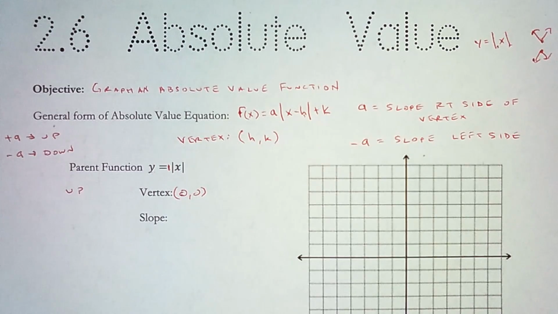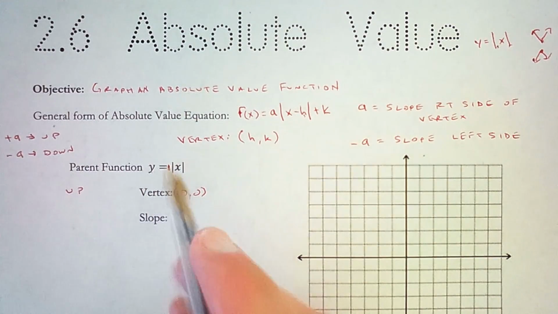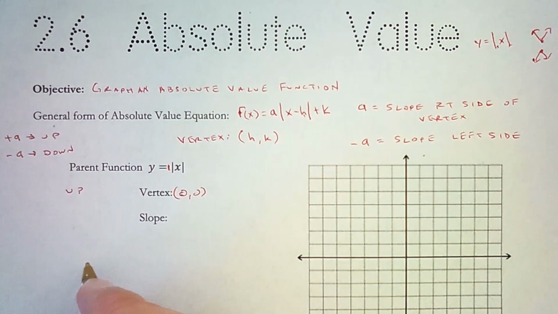So the slope on the right side is 1. Okay, so I'm going to make a note here that the slope is 1 on the right side, and the slope is going to be the opposite of 1 on the left side.